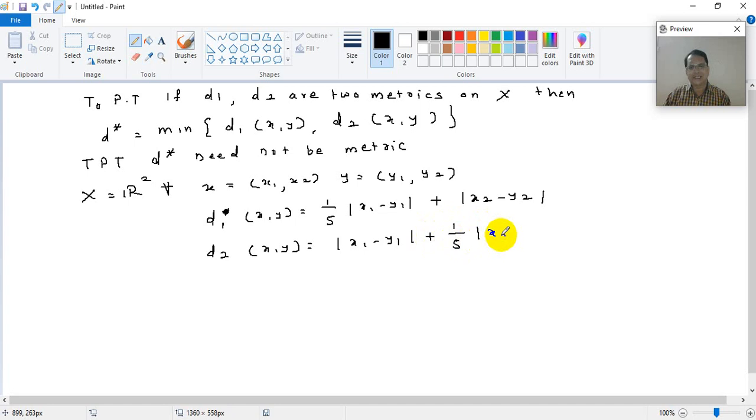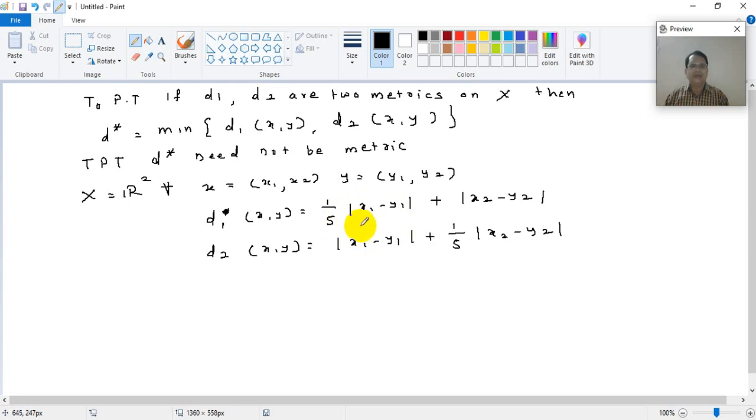In one of the previous lectures we have proved that when d1 and d2 are two metrics, then alpha into d1 plus beta into d2 is also a metric, where I said alpha and beta are greater than or equal to 0, but one of my students pointed out that it should be greater than 0. That is right. I may give that errata afterwards, but remember that I have improved it now by this sentence. So this is of that form. We have defined d1 x comma y in the previous part of this problem solving.